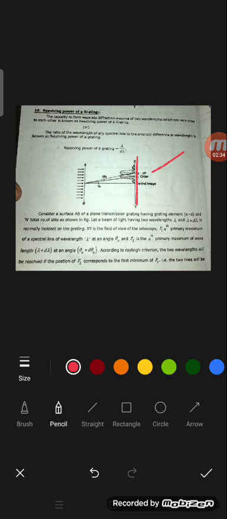And also we have P2, the nth primary maximum of wavelength lambda plus d lambda at the angle theta n plus d theta n.